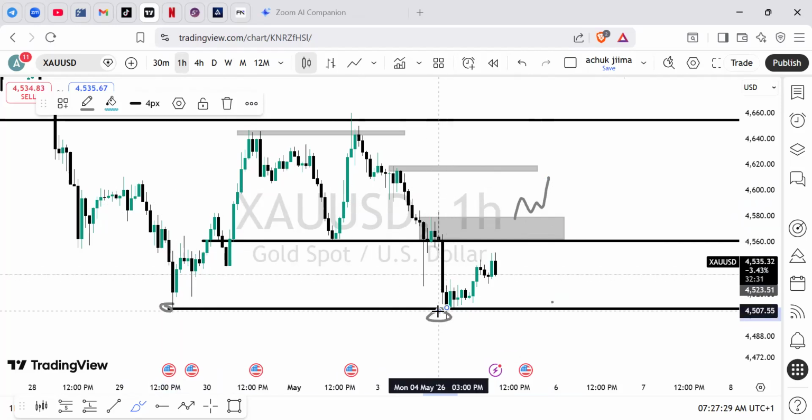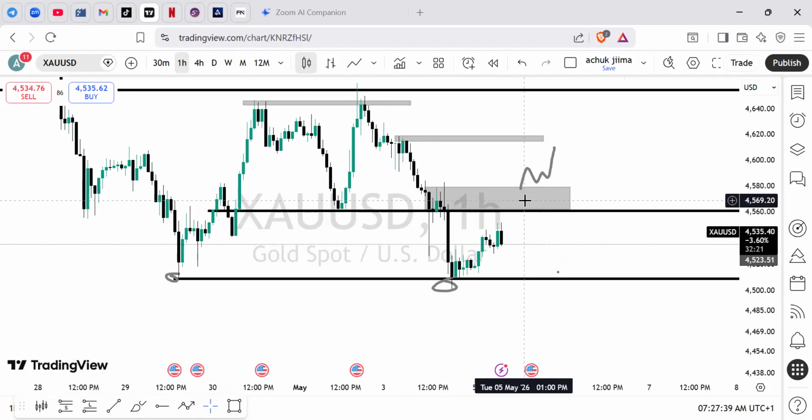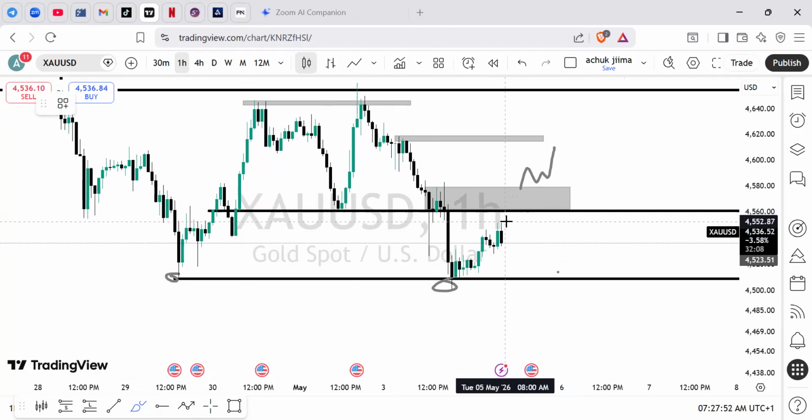As of today, the trading opportunities we're going to be looking at will be from here. So when price pulls back into this area and then fails to break, because the market is still bearish, we haven't changed to bullish yet, so there is no need to look for swing trades.